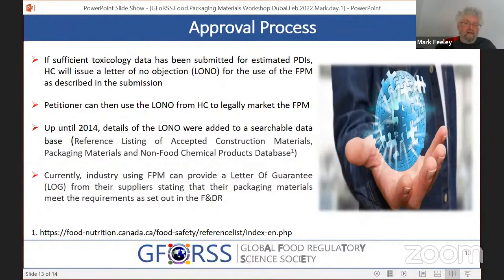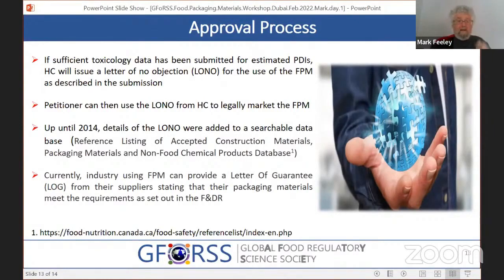So once again, this goes back to the initial tenet that the food industry is legally responsible for ensuring that their food packaging material meets the requirements of the Food and Drugs Act and the Food and Drug regulations.